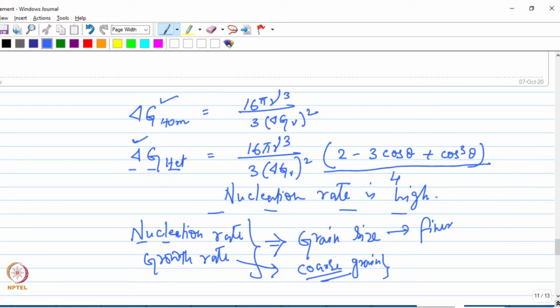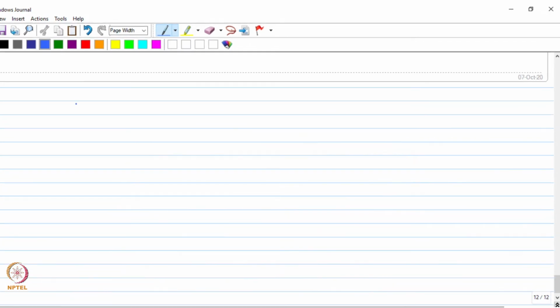Inclusions are not the answer for that, because many times inclusions, if they are present, can be detrimental for many properties such as ductility, fracture toughness, and so on. So we cannot really rely on these inherent inclusions which may be there for some reason. Therefore, externally we need to create some nucleation sites by having suspended particles in the melt.